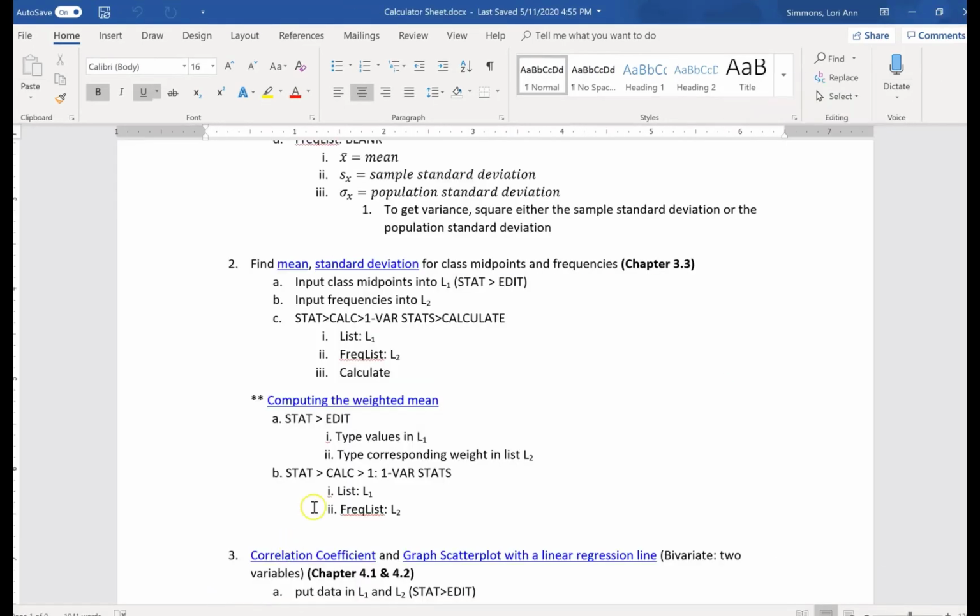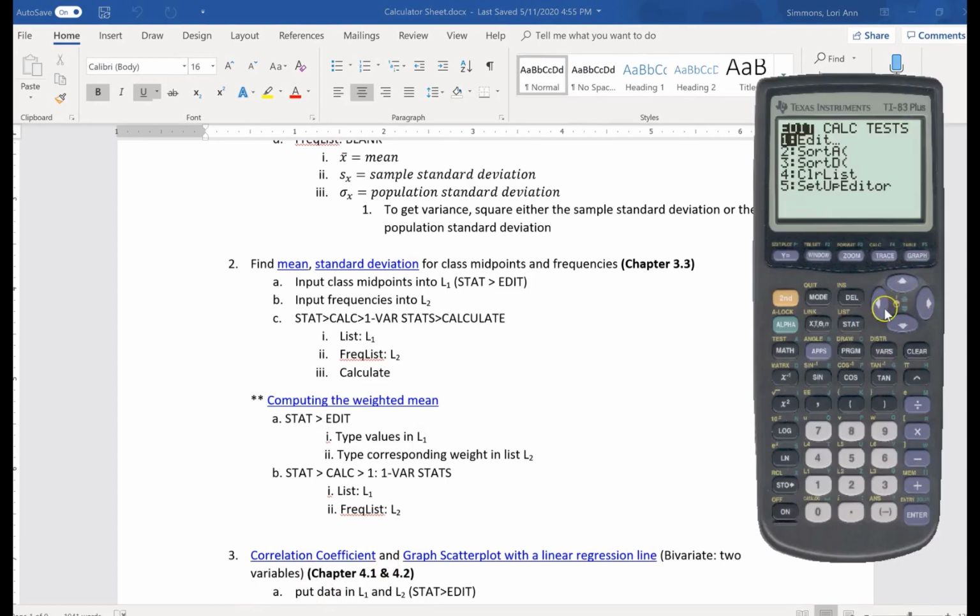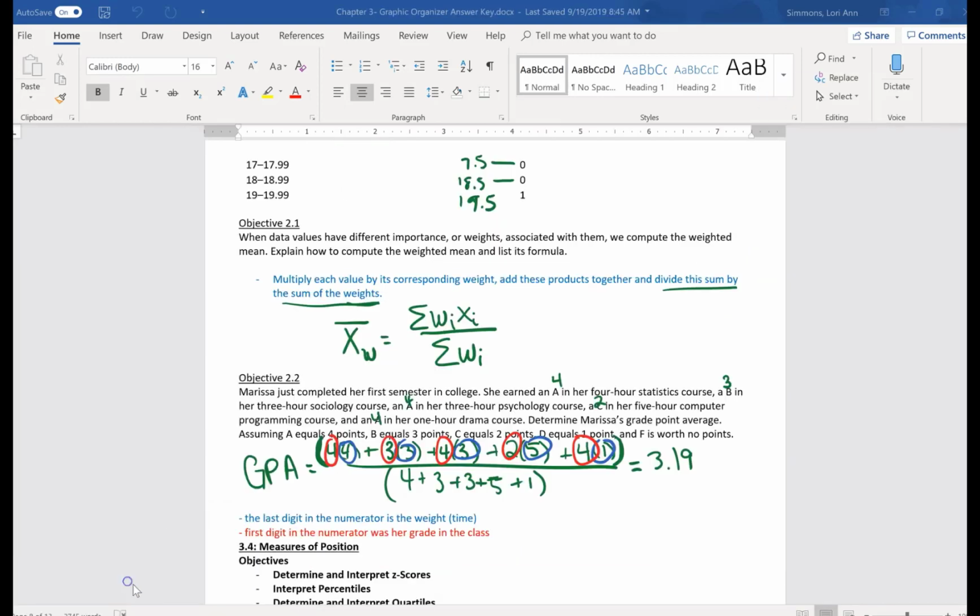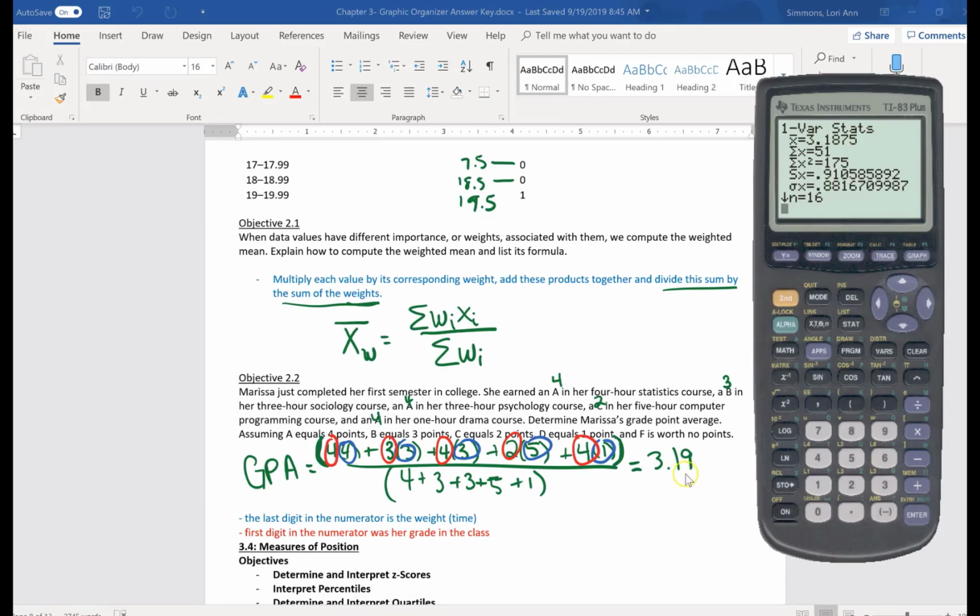So then we go back to Stat, Calc, One-Var Stats. So hit enter. We want to do list 1, and if your calculator says frequency list, just put list 2 in there. Or if you have this calculator, do comma, list 2, enter. You can see here 3.19, 3.19.